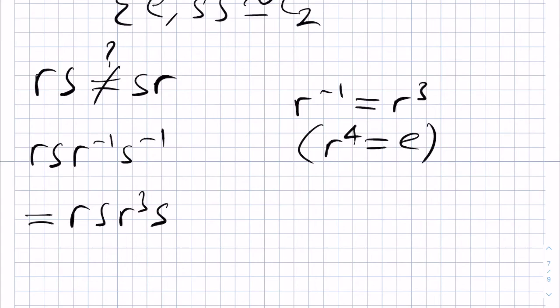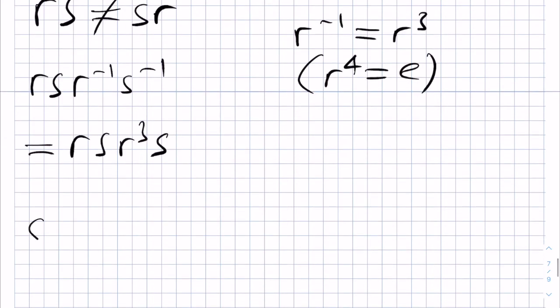From our earlier discussion of the previous question, we recall that S R cubed S, whenever we have an S sandwiching an R to the power of K, this will give us R to the minus power of the same thing, so R to the minus 3.